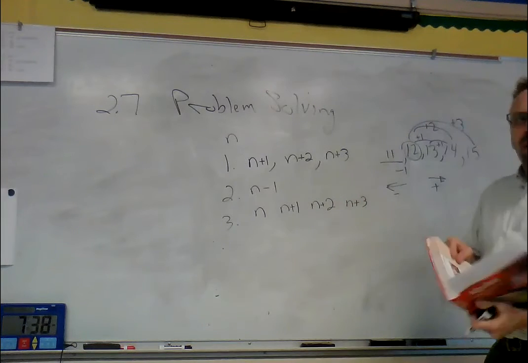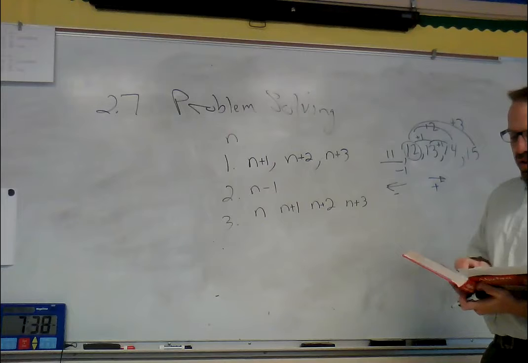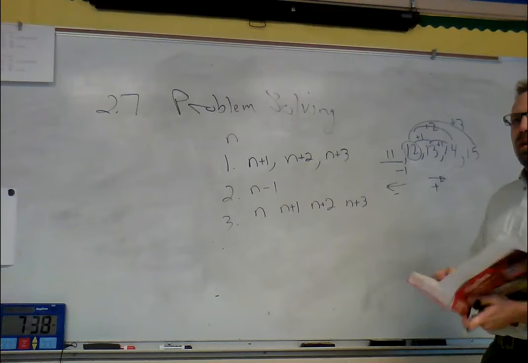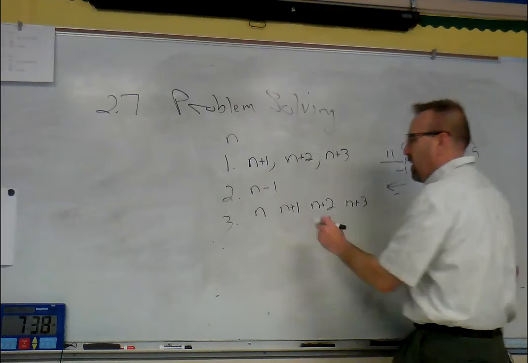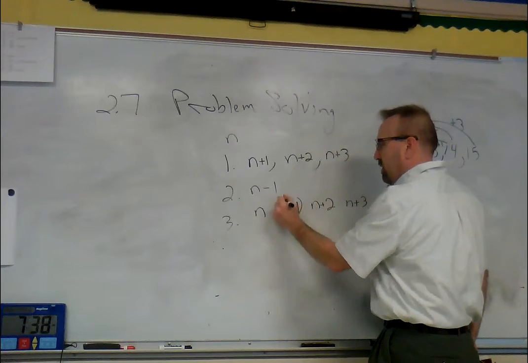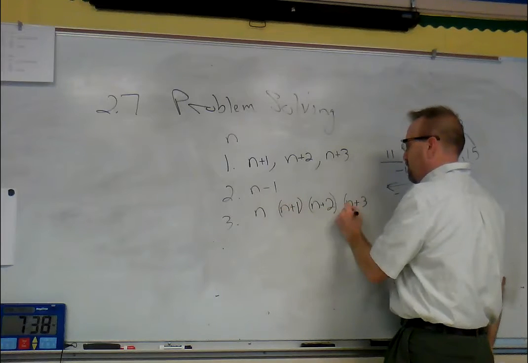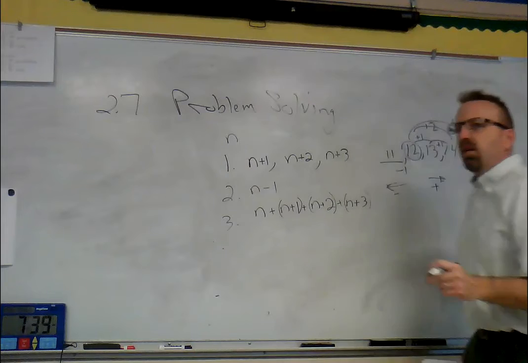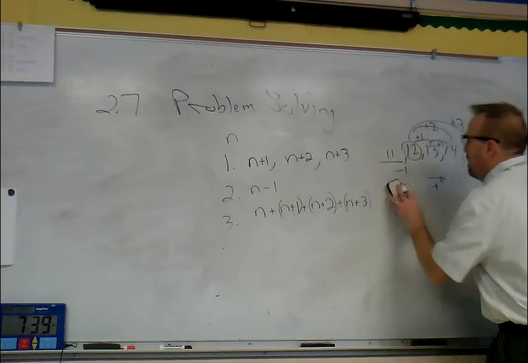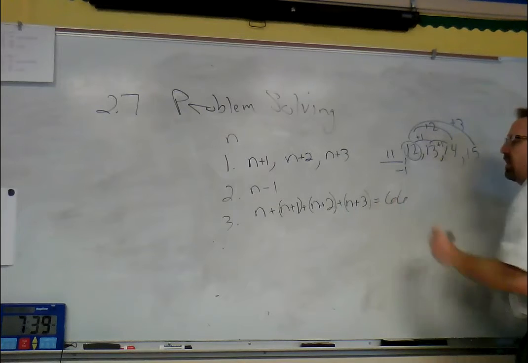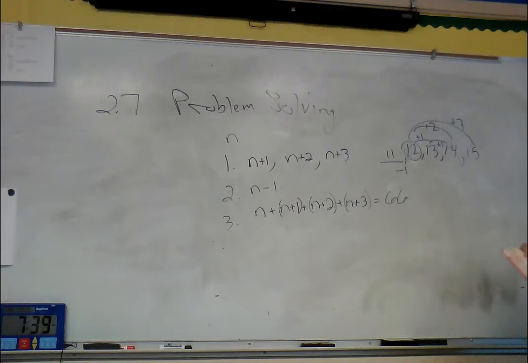Okay, let's go back and see what it wants on these. It states the sum. What does sum mean? Addition. So we're adding all 4 of these things. If you want, you can put them in parentheses to show that they're separate parts. So we're adding all of them. It said the sum is, what does is mean? Equals 66. So from here, we could go ahead and solve. They're not wanting me to do that yet.